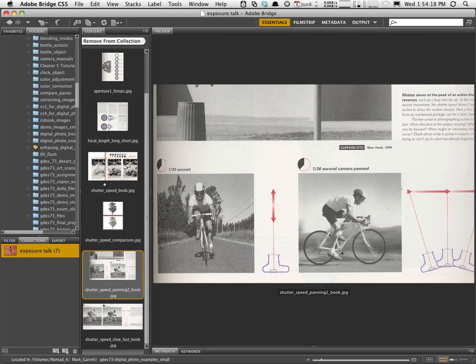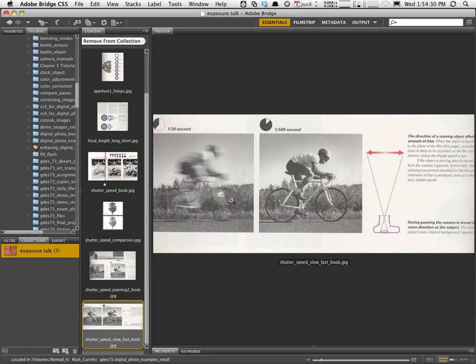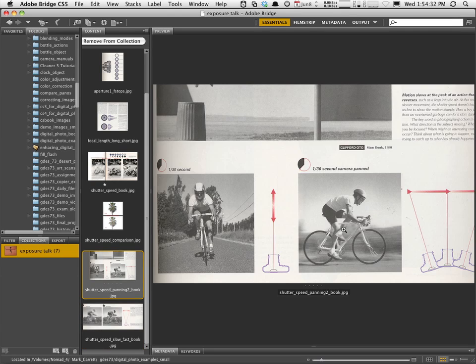If I wanted to shoot a similar picture without the rider being blurred, I would pan the camera with him. So now he is not moving very much in the frame, but the background is going to be blurred. So you get a different effect depending on if you're pointed at the background and not moving, or pointed at the rider and moving. Also, if there's not a lot of sideways movement, you'll see less movement from slower shutter speeds.